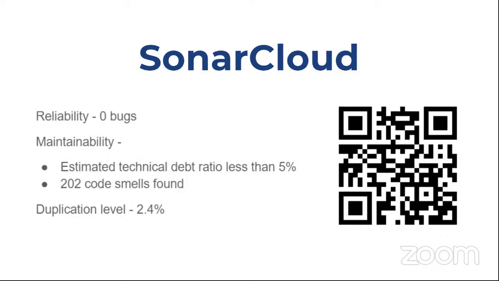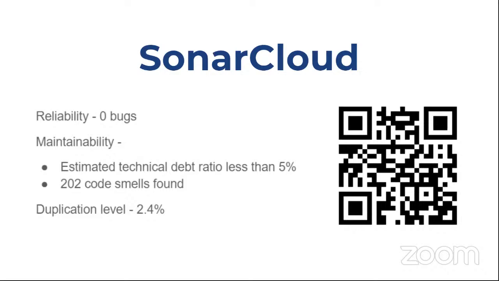So it's mostly styling problems. But there is also some commented out code that should be deleted, and it's not a very big problem. Also, we have a QR code here, and you can go to it and see our SonarQube results.